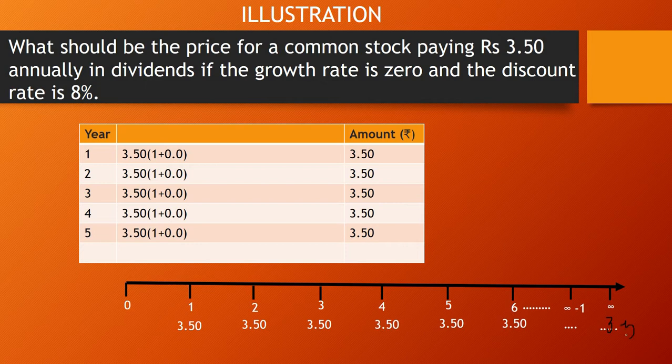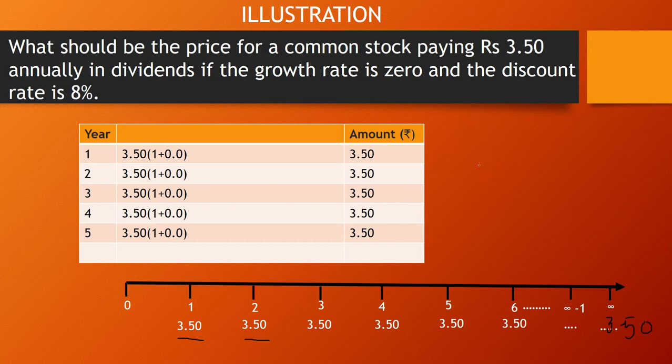So I can say that my dividend is constant, or even that this is a perpetuity question, because in perpetuity I get a constant amount throughout the life of the company. I don't know till when I am going to get the dividend, so this is a case of perpetuity.